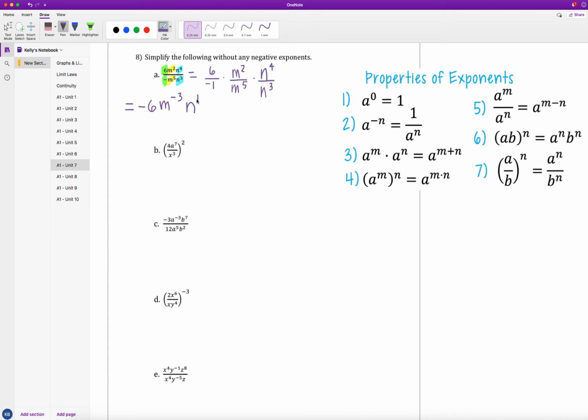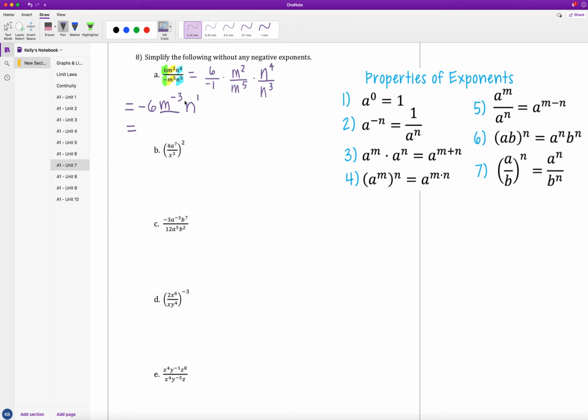The last thing I have to do is I've simplified all the way, but I have to get rid of negative exponents. So to get rid of our negative exponents, we know that we can flip them down to the denominator and rewrite them as a positive exponent, and that would be our second property. And I only do those for the pieces that have negative exponents. So how many pieces will I end up flipping down to the denominator? We'll have to only flip 1.